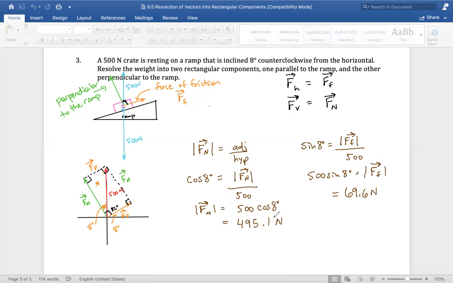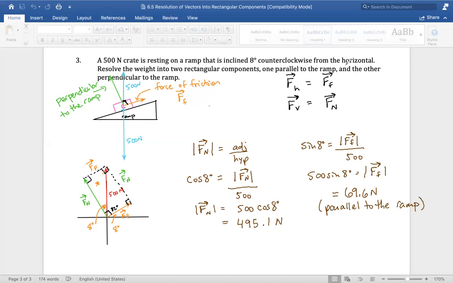So let's write down which is which in terms of the original question. Resolve the weight into two rectangular components, one that's parallel to the ramp. The one that was parallel to the ramp is my friction vector. So I should write that down here. This one is the one that is parallel to the ramp. And I can put that in a therefore statement, right? Therefore, the component parallel to the ramp would have a force of 69.6 newtons.